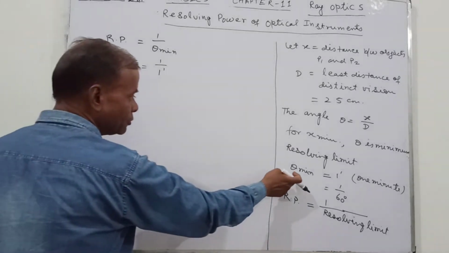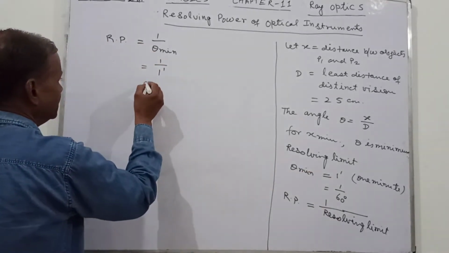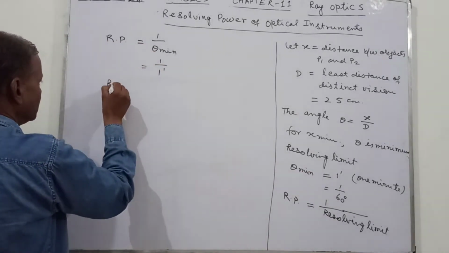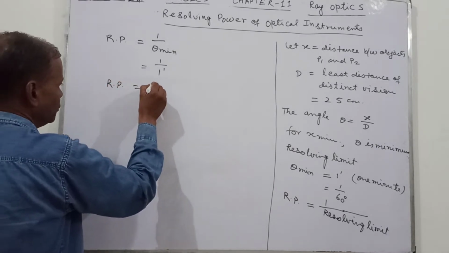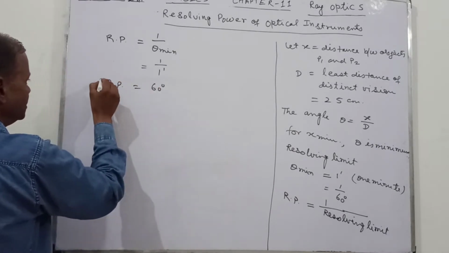Theta minimum is equal to 1 minute, and this gives Rp equal to 60 degree inverse.